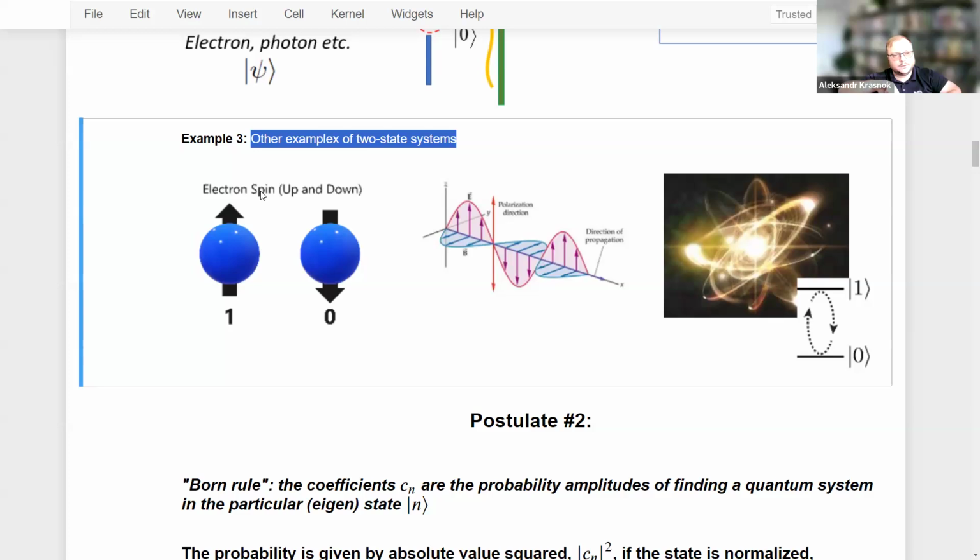Before we measure the spin, we have to take both states into account simultaneously. But we can measure the spin, and in half of the cases we will find the electron directed upwards, the other 50% it will be directed downward, and no other possible direction. So only two options here.